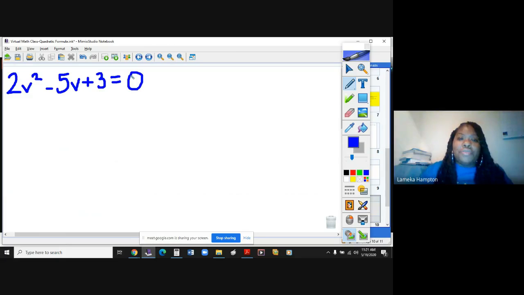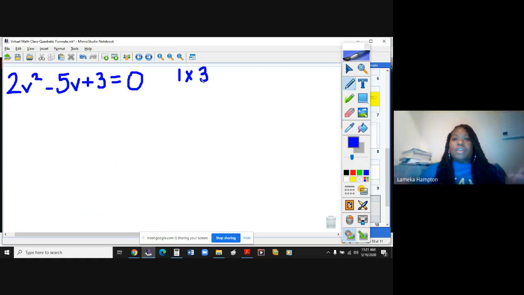all the reasons why the quadratic formula works better with this particular problem versus factoring. So if I were to follow my rules, find the factors of the third term, right? My factors for the third term would just be 1 times 3.